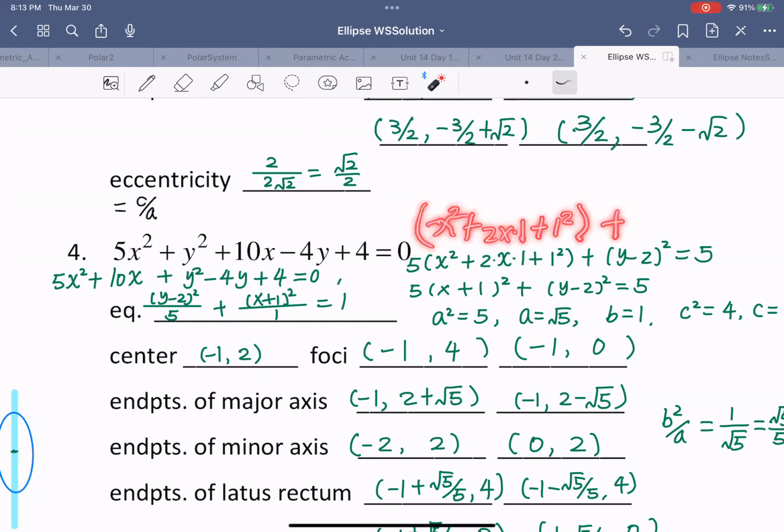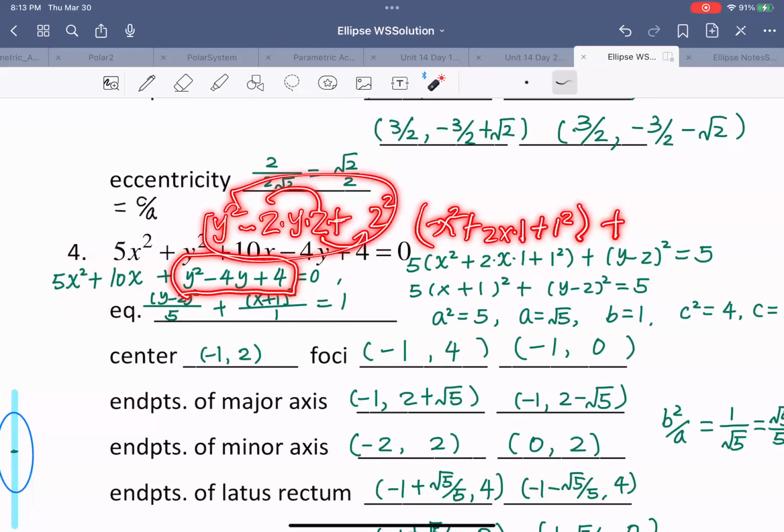And then plus this guy. This is y squared minus 2 times y times 2, because 2 times 2 is 4. And then plus 4 just happens to be 2 squared. So this one is lucky, you have this term ready already.